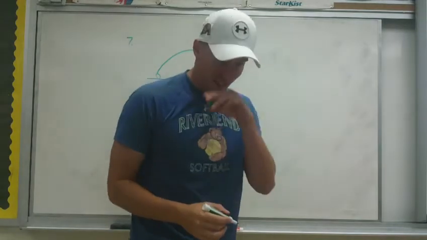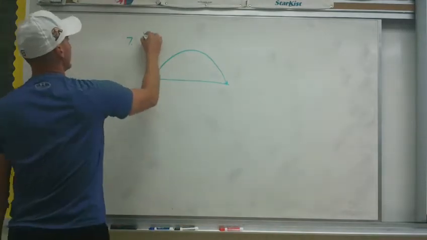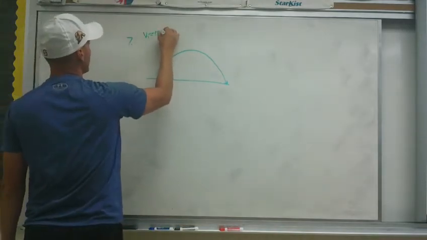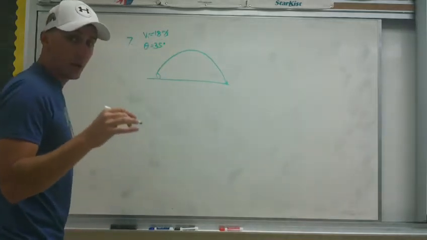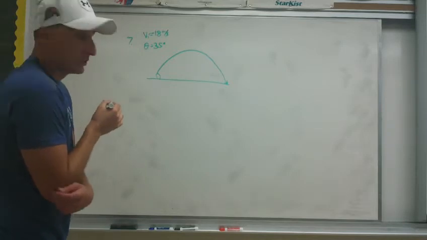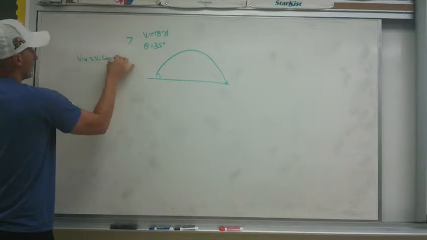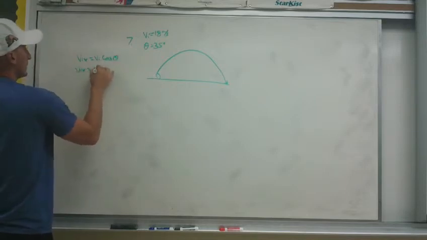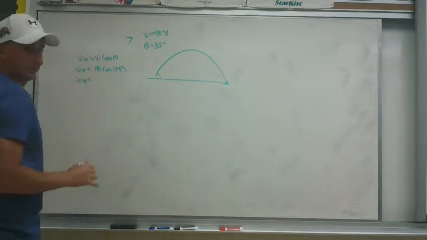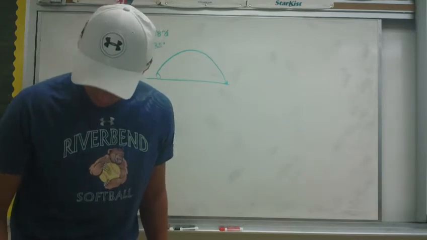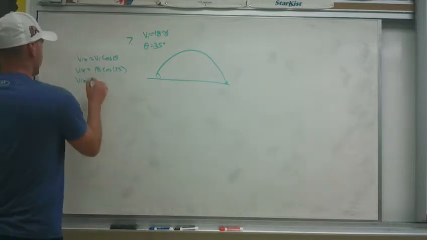So again, this gives you a velocity at an angle. So it's 18 at 35. VI is 18. Theta is 35. So with a velocity at an angle, the first thing you want to do is find VIX and VIY. VIX equals VI cosine theta. VIX equals 18 cosine 35. VIX equals 14.7.